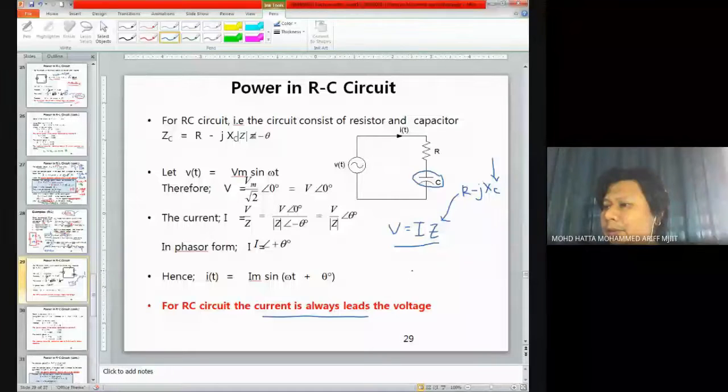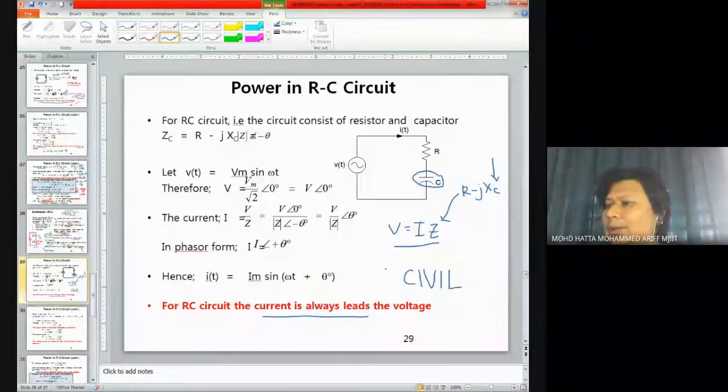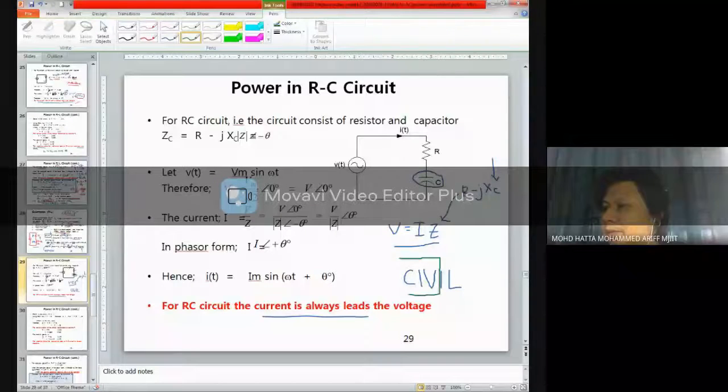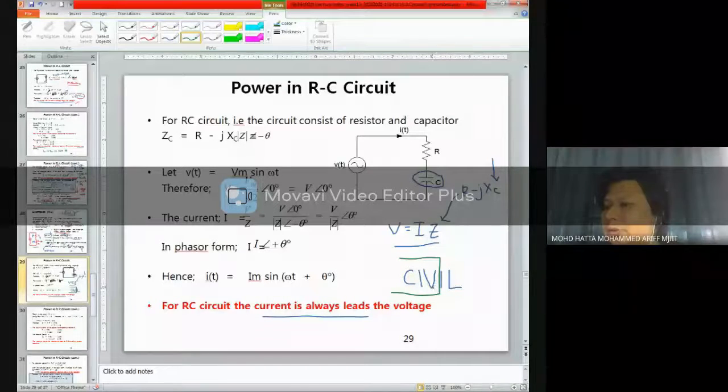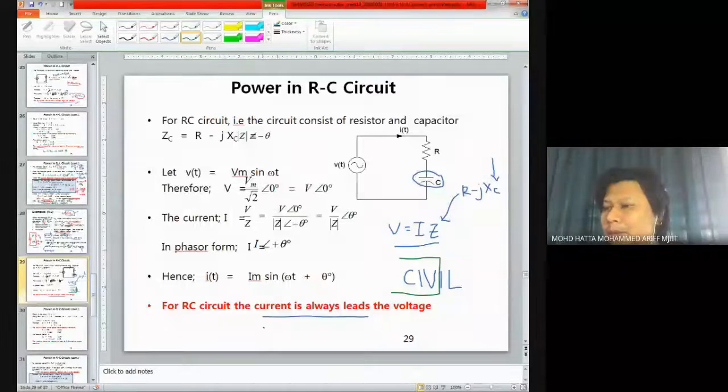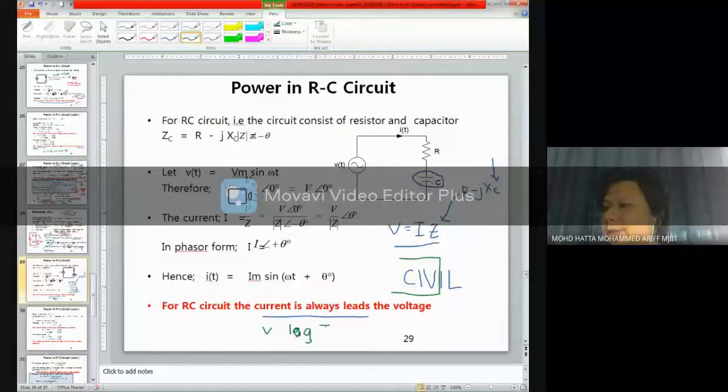And if you remember, recall back what we learned before, based on this word CIVIL, we focus on this part, C for capacitor, I will always lead voltage, or you can always put it as voltage lags current in this way.